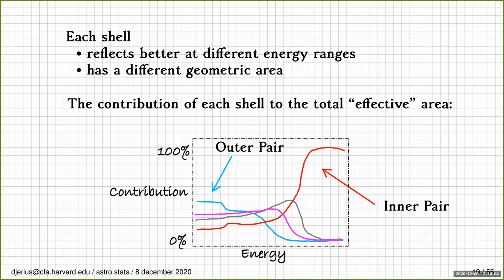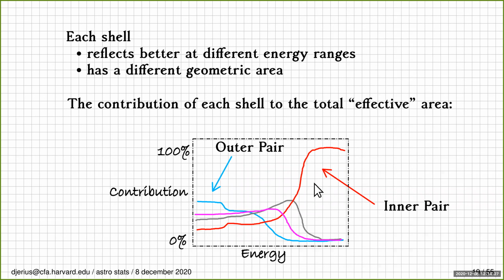So for instance, if you look down at this plot at the bottom, you'll see that the outer pair, the blue, puts in about 40% of the contribution at low energies, while if we go to higher energies, the inner pair, the smallest of the shells, contributes about 100%.